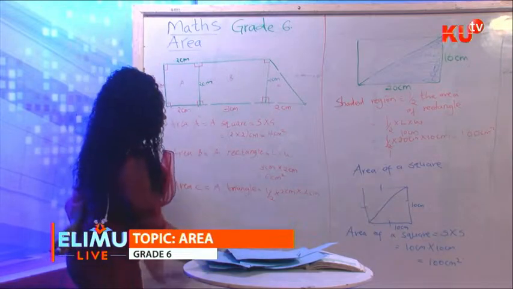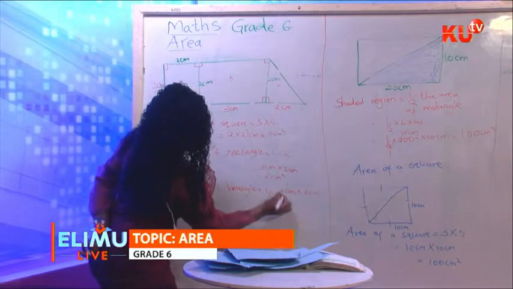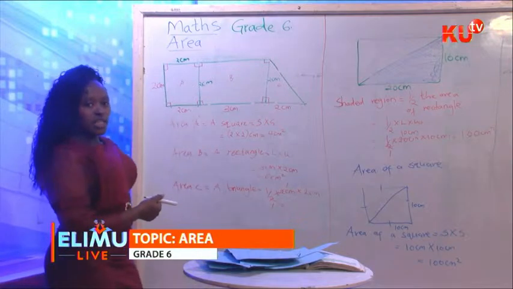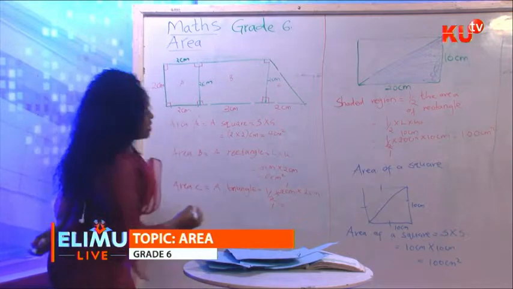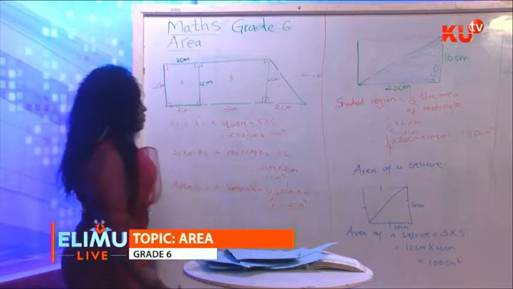Then we cancel by 2, 1, by 2, 1. So what is 1 centimeter multiplied by 2 centimeter? The answer is 2 centimeter squared.